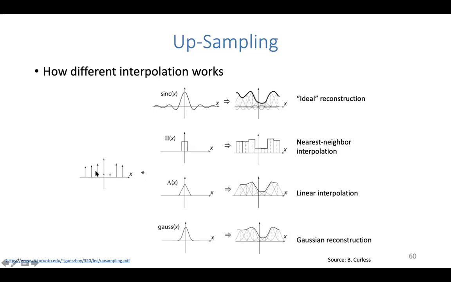It means that you want to have denser data, or denser samples. So if you use, for example, sinc(x), what is sinc(x)? I'm not sure what this sinc(x) means. I guess it's some kind of combination of different sinusoidal signals, like a Fourier series or something like that.